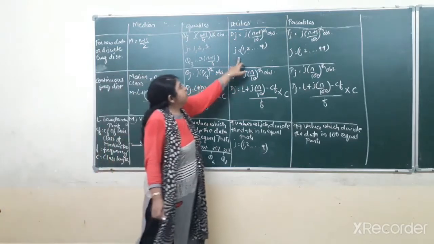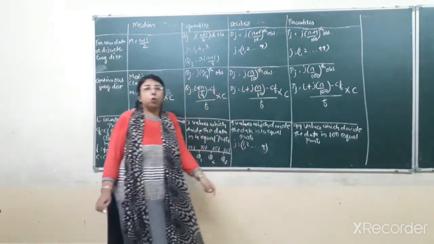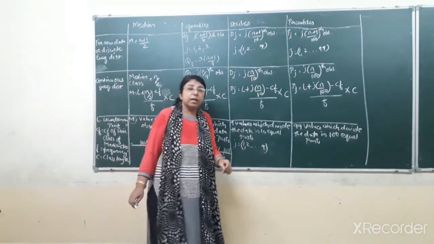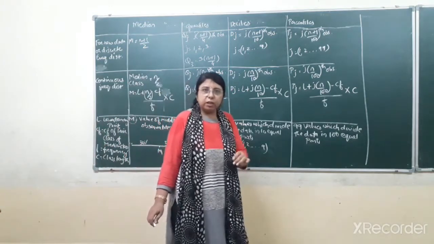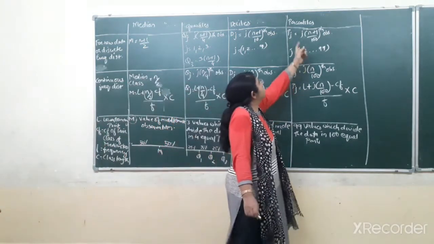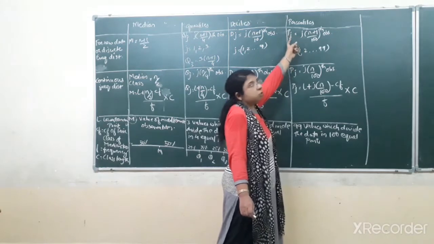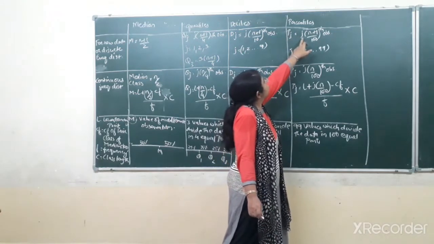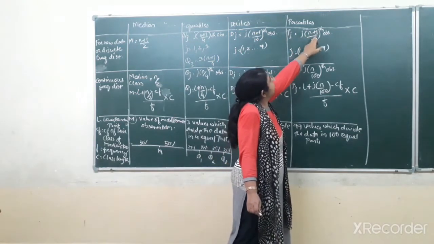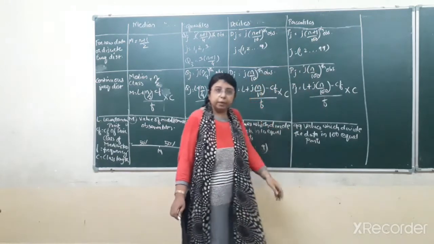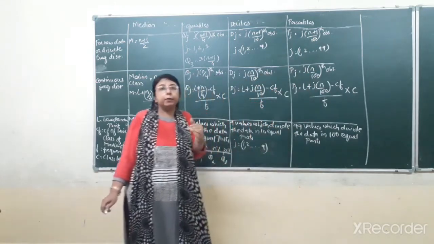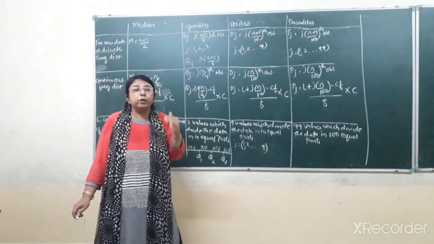Then afterwards the last formula, that is for percentiles. In case of percentile for raw data or discrete frequency distribution, the formula will be the same, that is capital P_j = j(n+1)/100, because it is dividing the data into 100 parts.